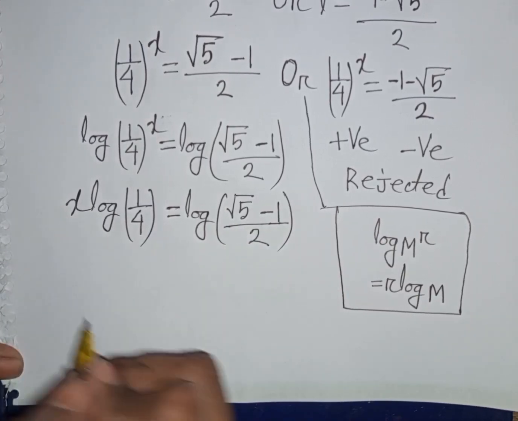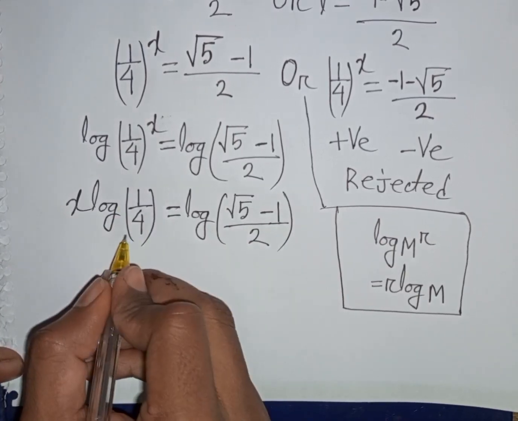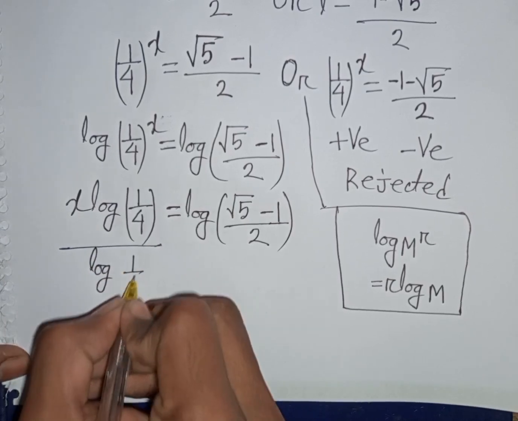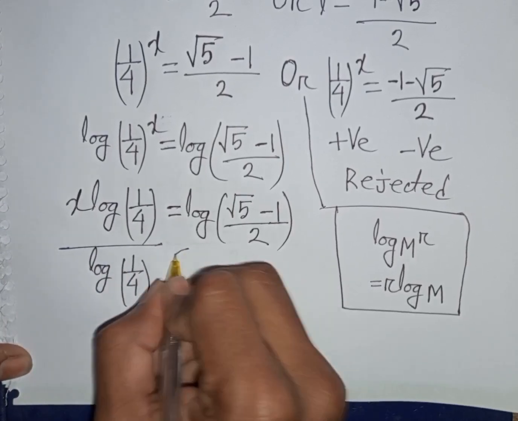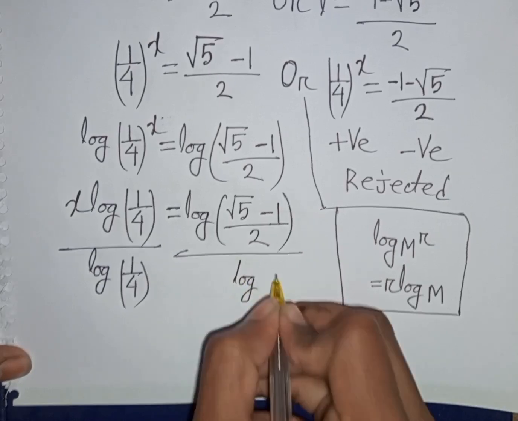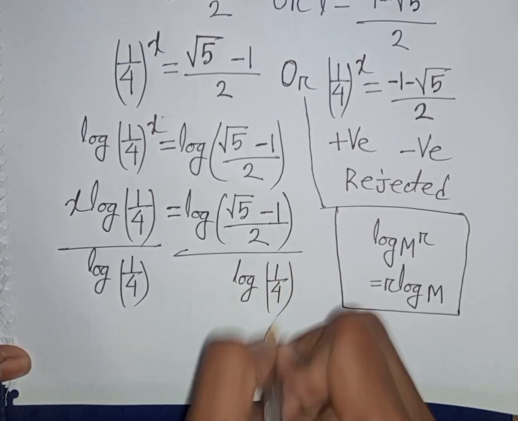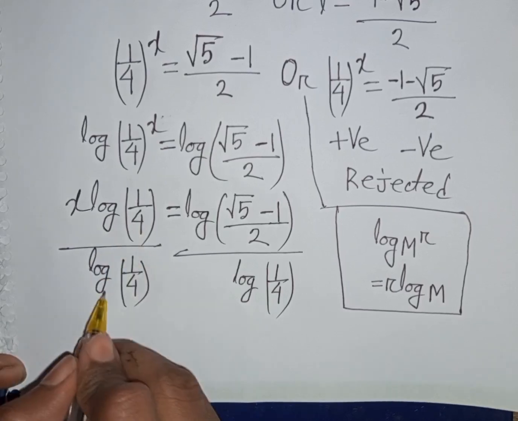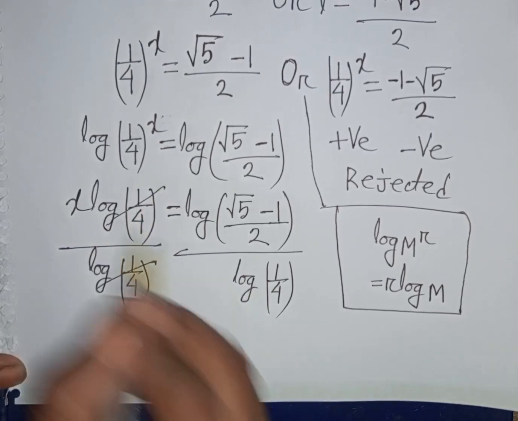Now, we need the value of x. So we divide by log of 1/4 on both sides. Now, we see this log of 1/4 will be cancelled.